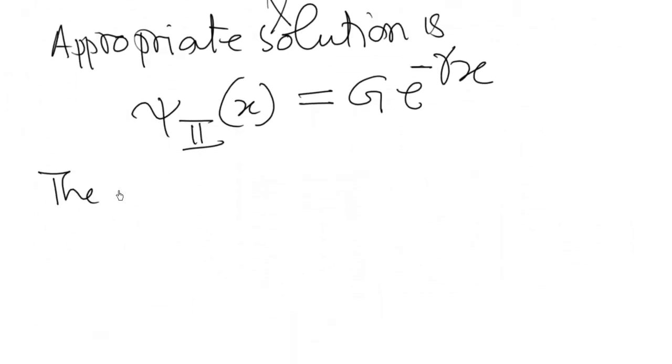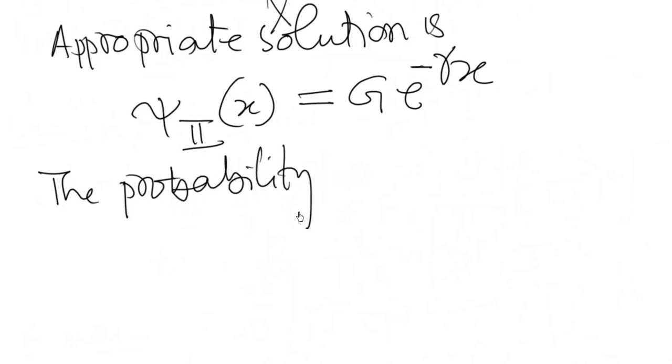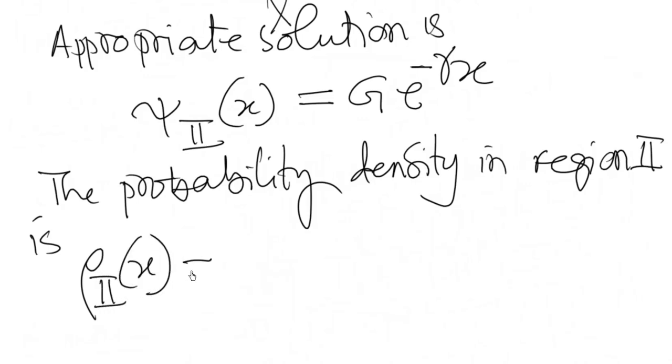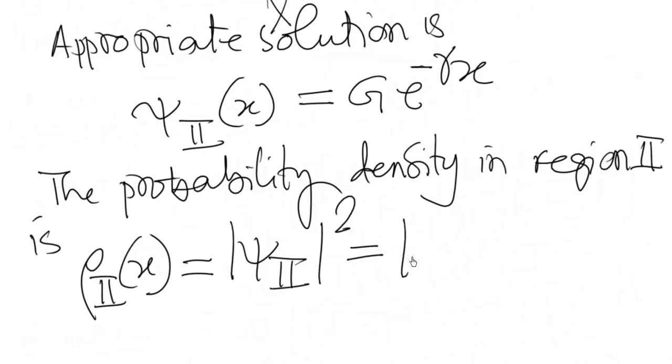The probability density in region 2 of finding the particle, we denote it by rho 2 of x, and this is modulus of psi2 square, which is modulus of G square e to the power minus 2 gamma x.